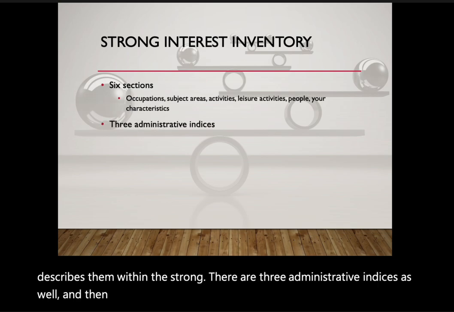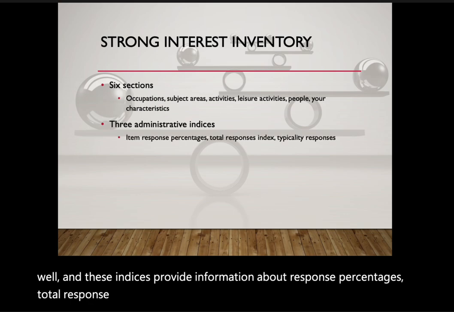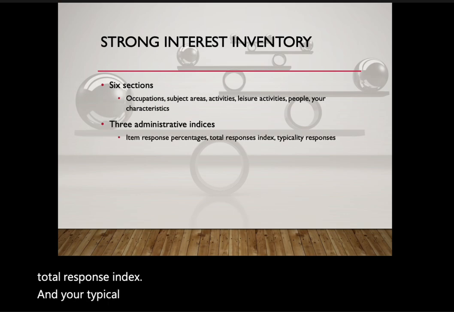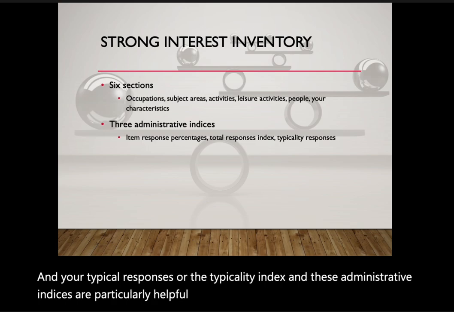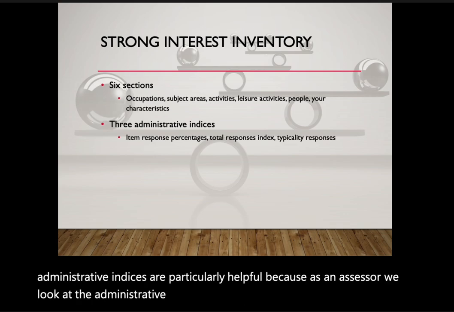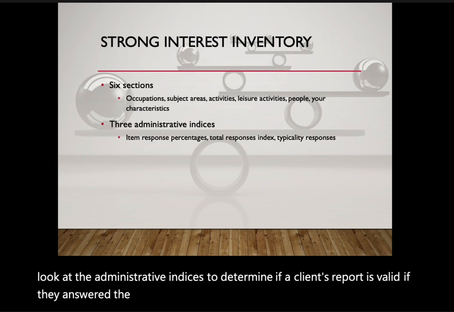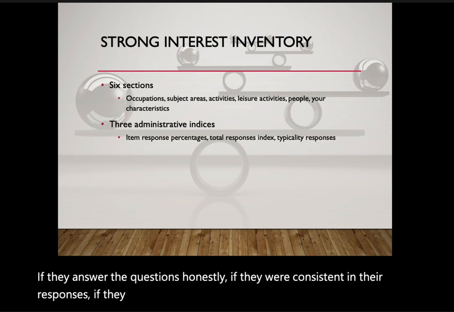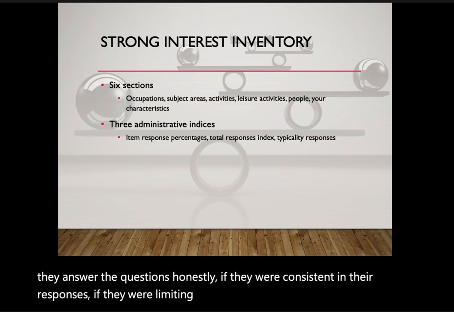Within the Strong, there are 3 administrative indices as well. And these indices provide information about response percentages, total response index, and your typical responses, or the typicality index. And these administrative indices are particularly helpful because as an assessor, we look at them to determine if a client's report is valid, if they answered the questions honestly, if they were consistent in their responses, if they were limiting themselves in their social desirability.